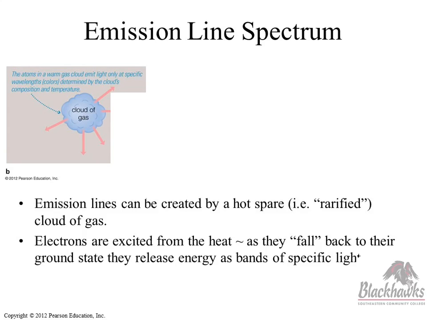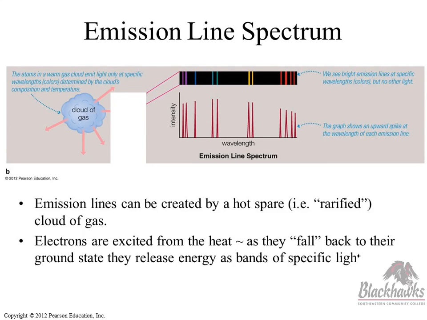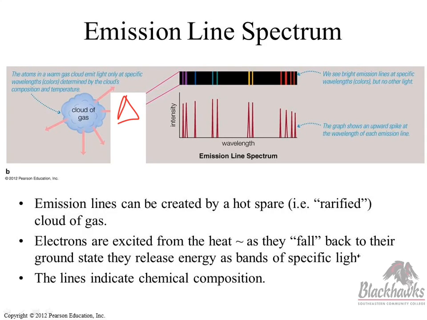Kirchhoff's second law says we get these emission lines. You'll just have to bear with me, I'll draw it on here. I'm going to draw in a prism here. We can use our prism to separate out different wavelengths of color, and we will see spikes in intensities at different wavelengths depending upon what that light was passing through.